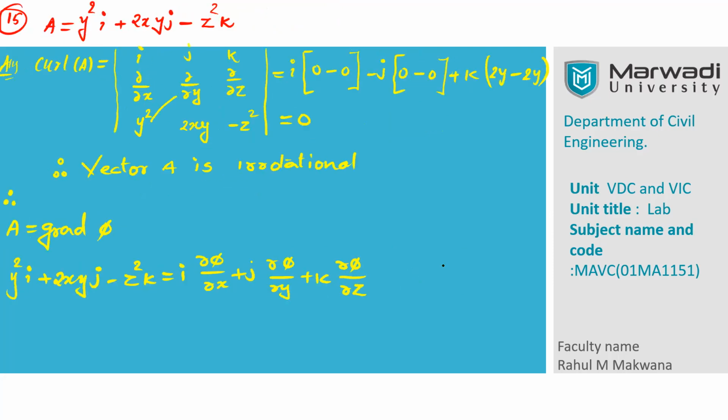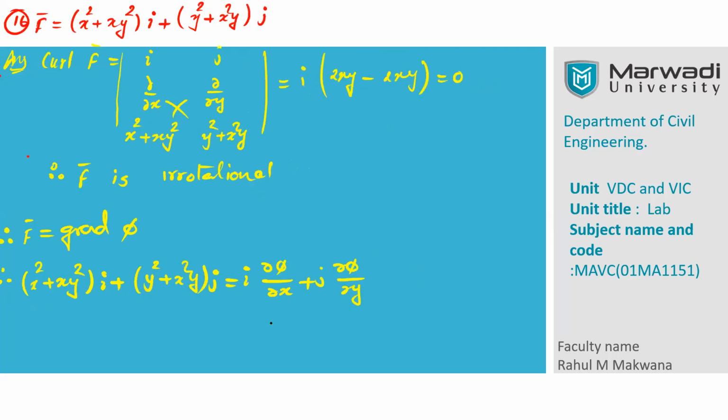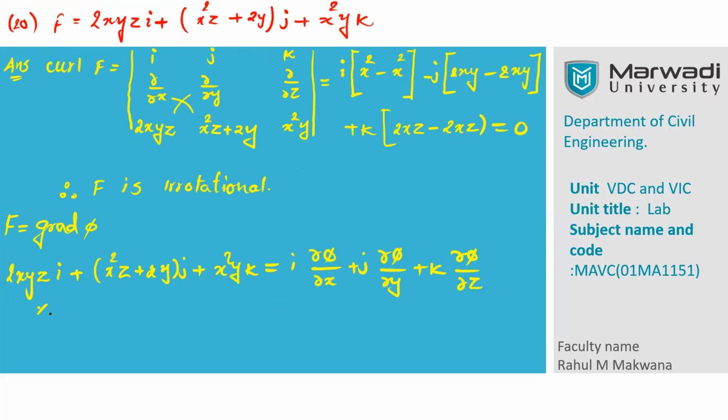Now comparing coefficients of i, j, and coefficients of k to both sides. Coefficients of i, j, and k need to be compared.